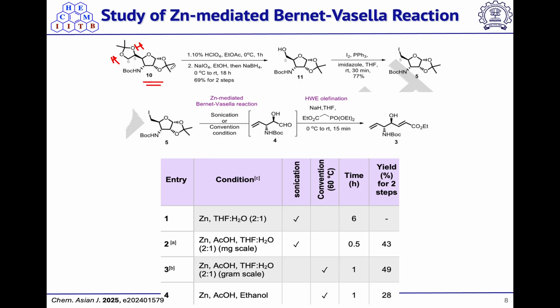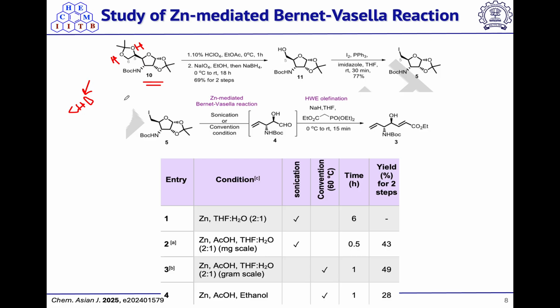Now this 1,2-diol, NaIO4 is known for oxidative cleavage of the 1,2-diol, and it will give the aldehyde, CHO. Now in the second condition, they use sodium borohydride. So what will happen?